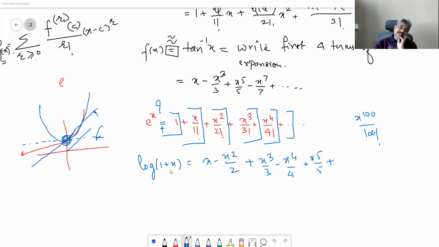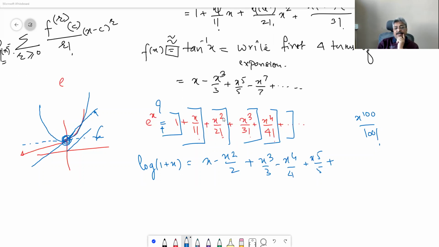Now, as I said, in case of the e raised to x function, in the vicinity of x equal to 0, in the neighborhood of base point 0, if I start putting different values in this series expansion, I will get better and better.